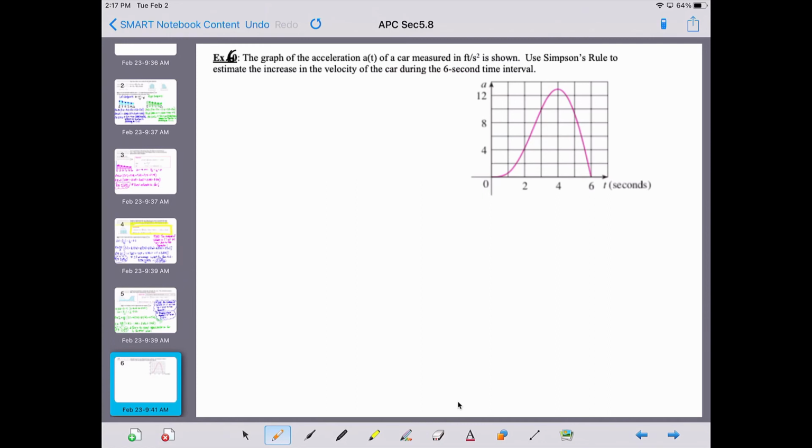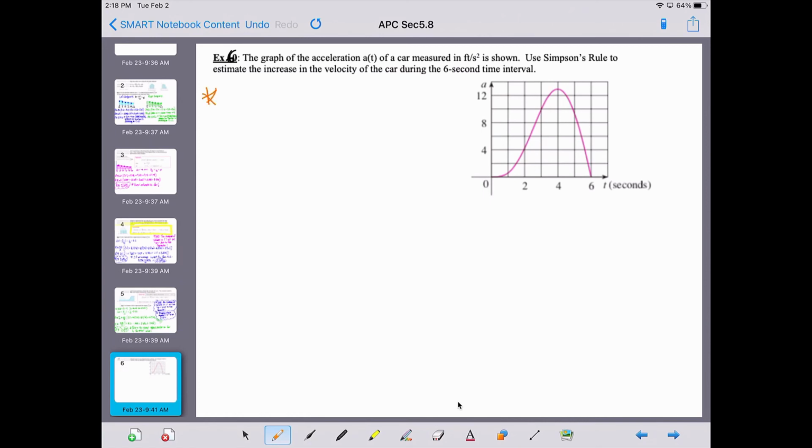Remember that acceleration is the derivative of velocity, so if we have a graph of the acceleration and we find the integral of it, then our increase in velocity would be represented by the integral of our acceleration, because velocity would be the integral of acceleration.